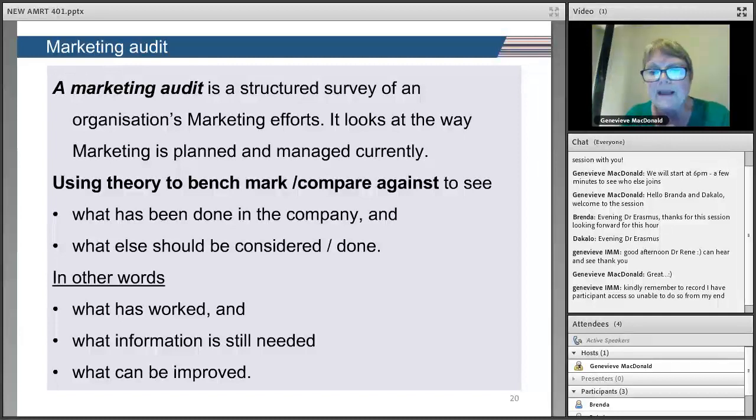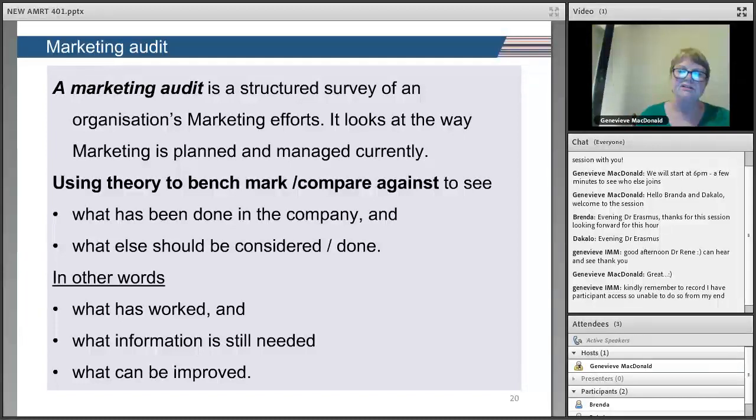It looks at the way the marketing is planned and managed currently. Then you use a theory to compare against to see what has been done in the company and what else could be considered or should be done. What has worked, what information is still needed, what can improve. That is what a marketing audit does.